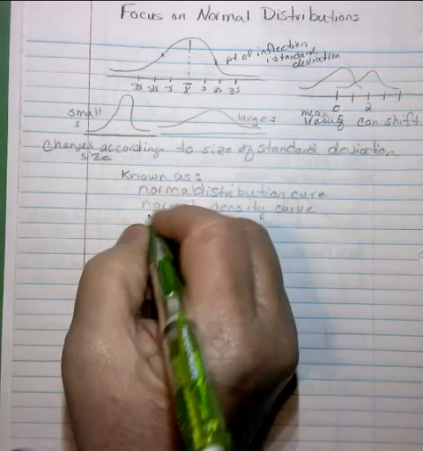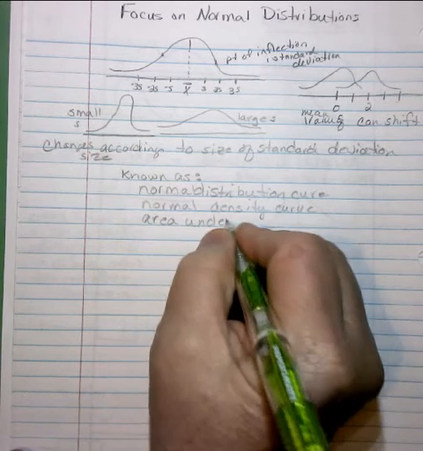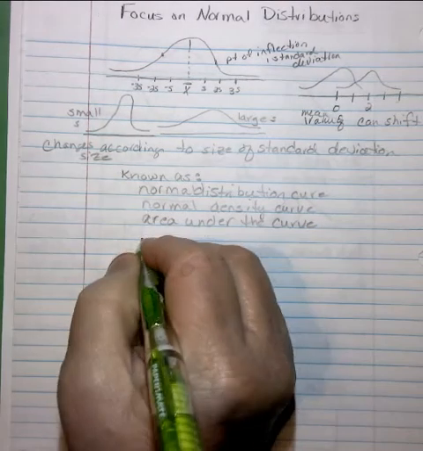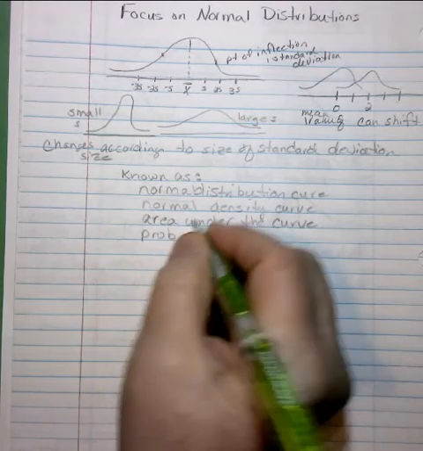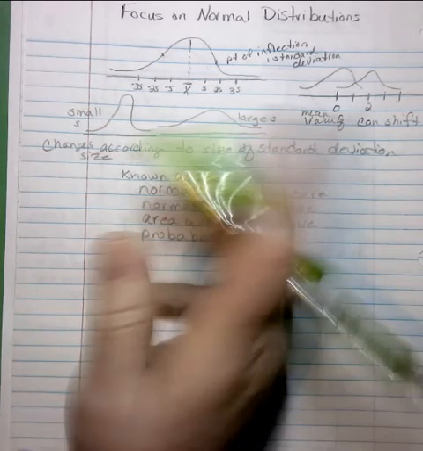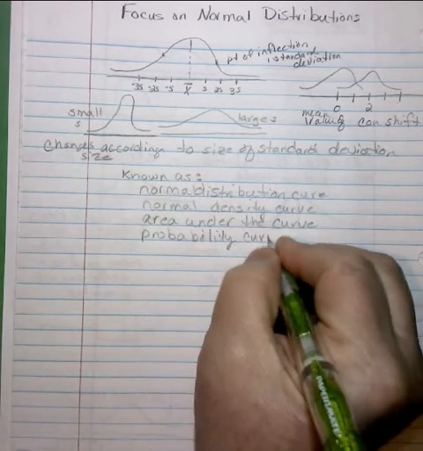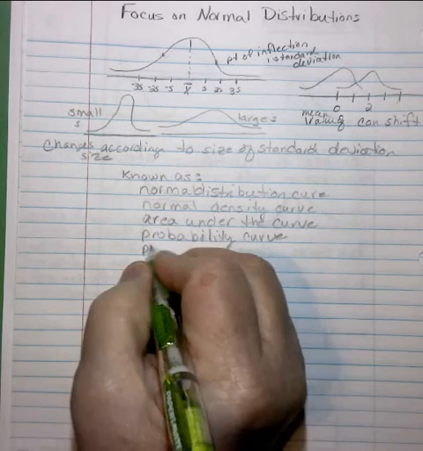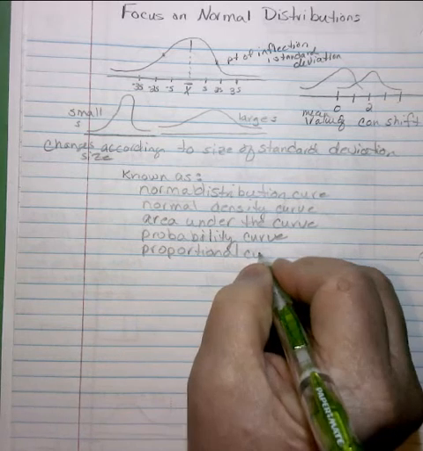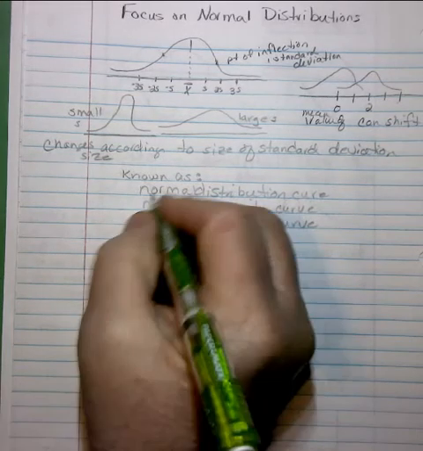You'll also hear it referred to as the area under the curve. You will also hear it referred to as a probability curve. A proportional curve. So these are things that you will also hear it referred to.